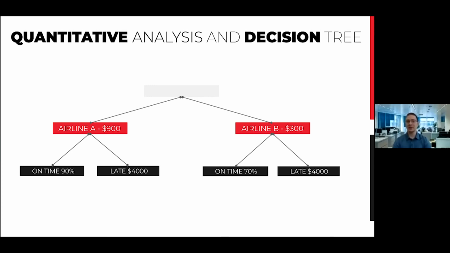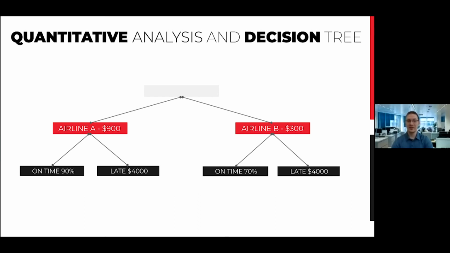The baseline is to buy the cheapest ticket, but in this case, there will be a 30% chance of an airplane delay. The mitigation strategy is to buy a ticket from a more reliable company. It will cost $600 more, but the probability of the risk will be decreased to 10%.